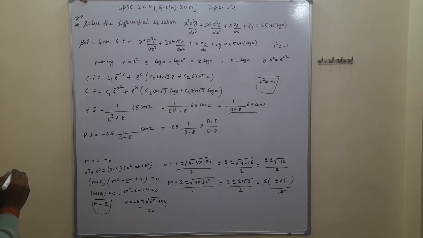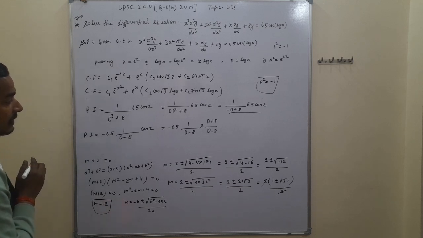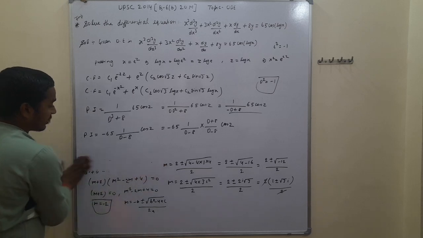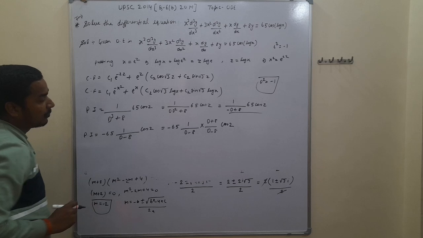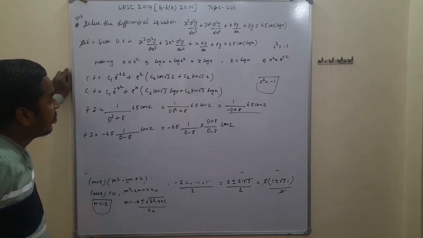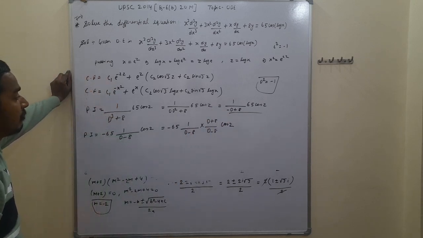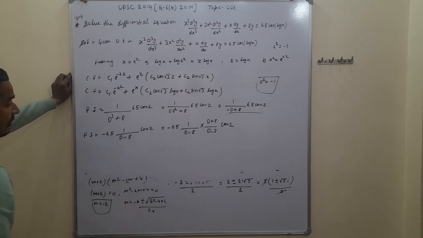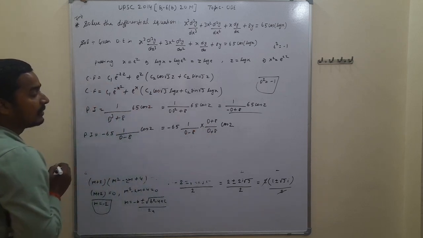Once again, some mistake: minus d and plus 8, into cos z. So we take minus common here, and write d minus 8 and d minus 8. We rationalize here with d plus 8 and d plus 8.